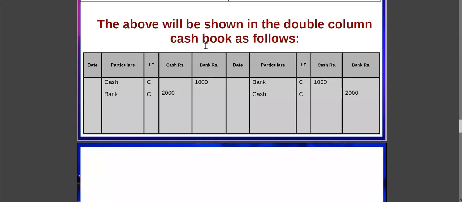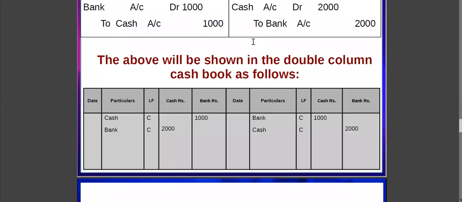The above will be shown in the double column cash book as follows. See how we enter it in the cash book. First entry, deposited into bank. Watch clearly.